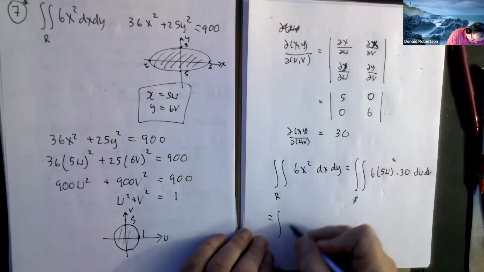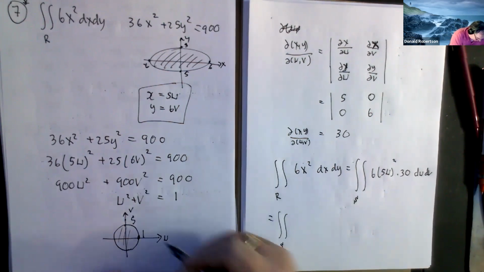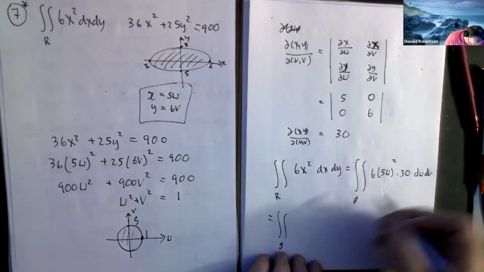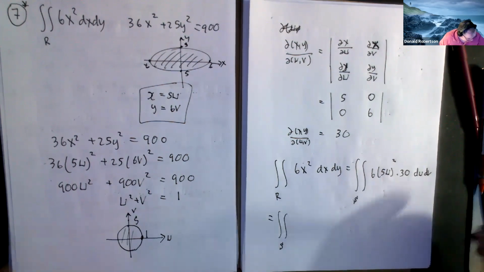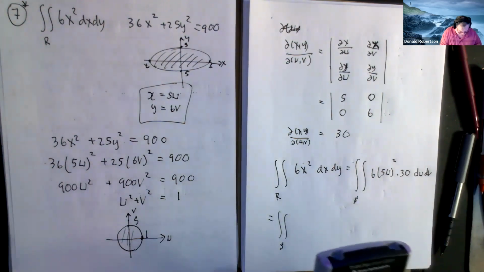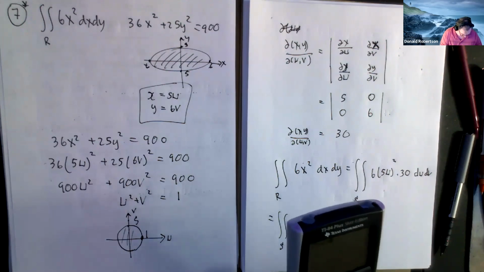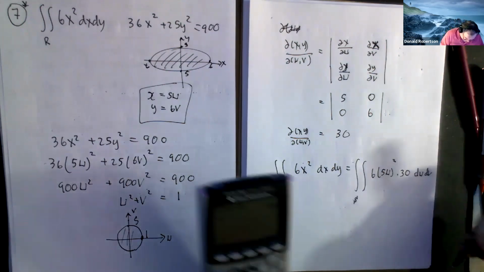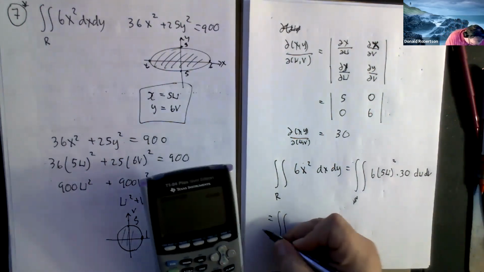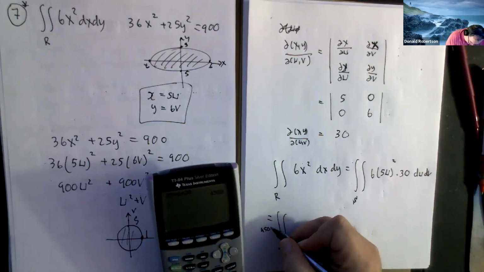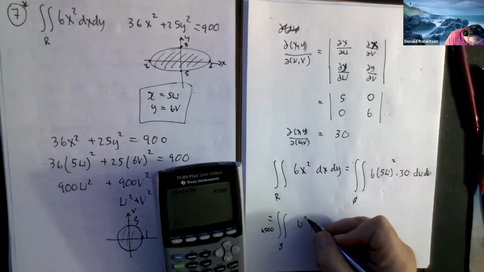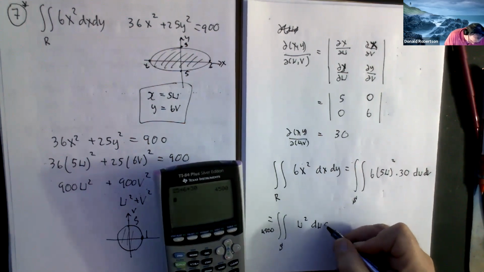And so it's a double integral over the new region S of 25, oh yeah, that's big. Let's try it out. 25 times 6 times 30, which is 4,500. So I'm definitely putting that outside. 4,500 u squared du dv.